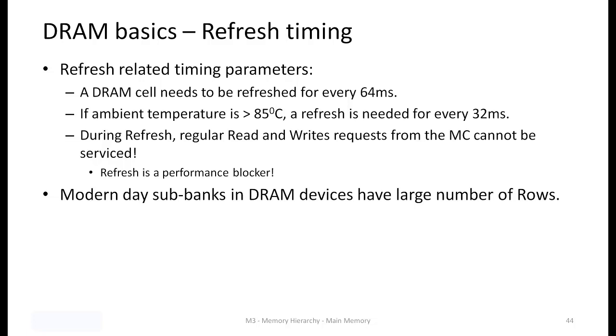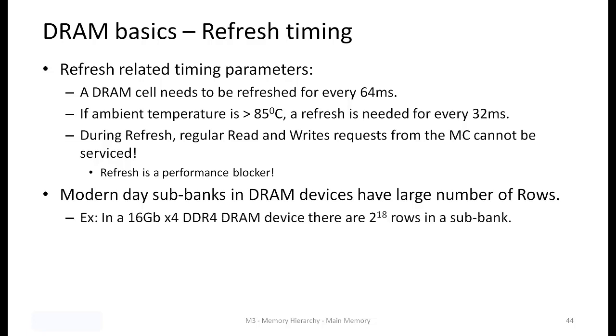Now, touching upon the previous question, will the refresh controller refresh all the rows in a single go? Earlier that was the case, but in modern day sub-banks, there are a huge number of rows in each of them. For example, if you consider a 16 gigabit X4 DDR4 DRAM device, it has 2 power 18 rows.